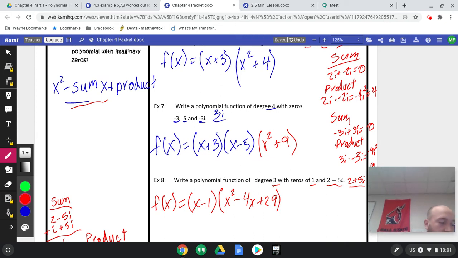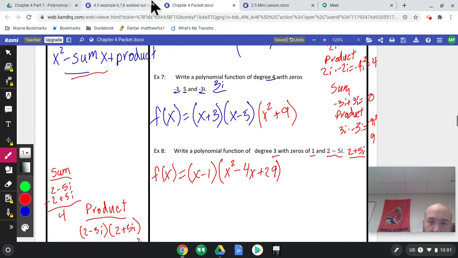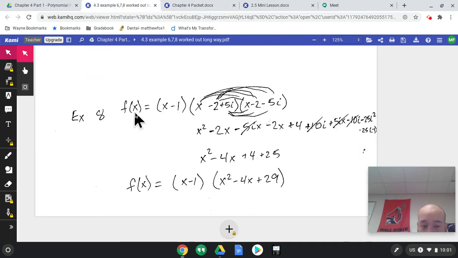Okay, so another way you could have done that, as you can see, we could have plugged in x minus 2 plus 5i and x minus 2 minus 5i. Those two would have worked. However, if we do that, we can't FOIL, we have to multiply each term with each term. Okay, and it gets pretty complicated.